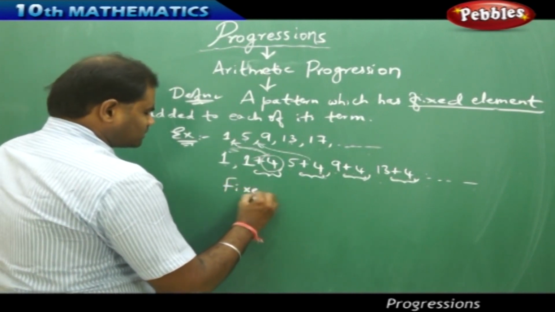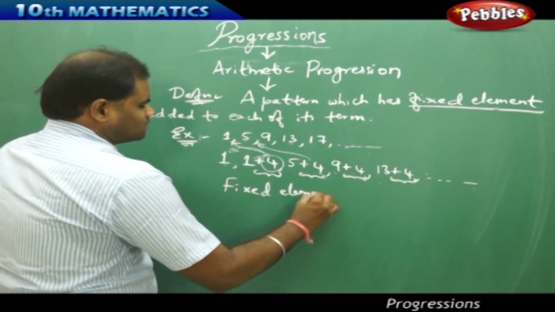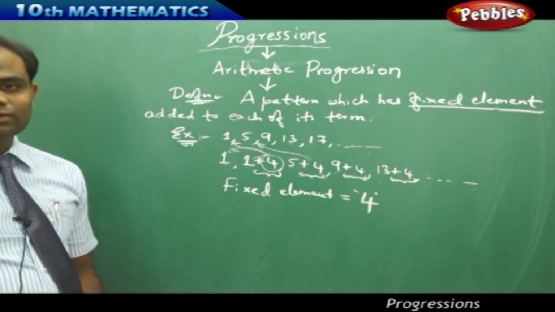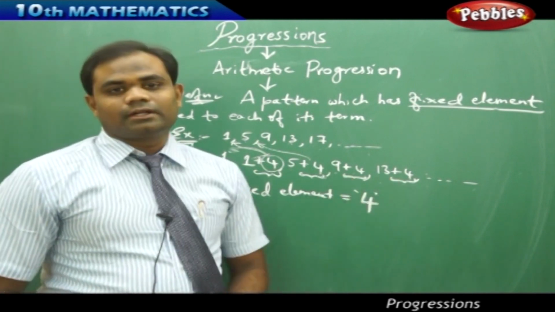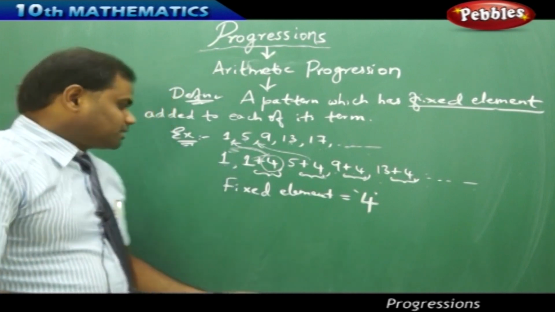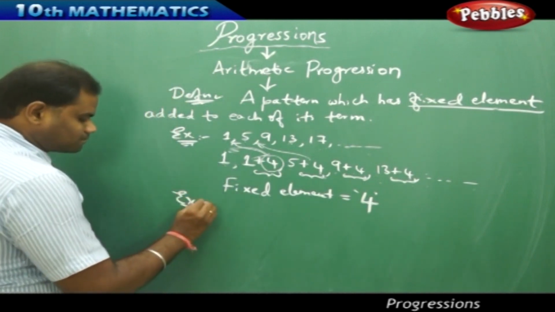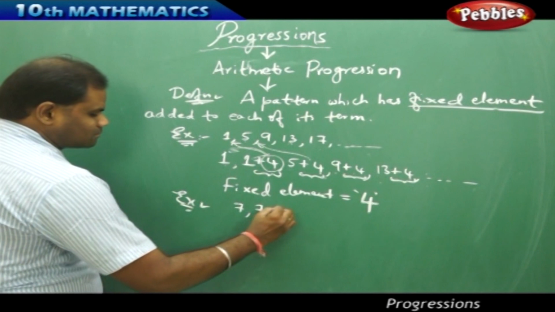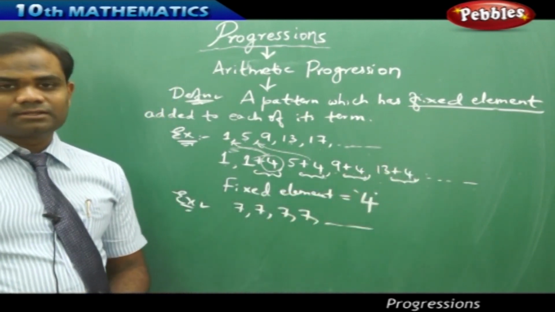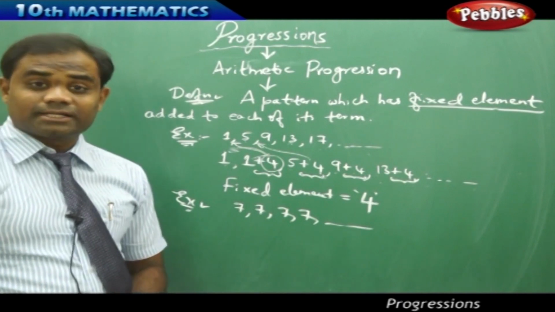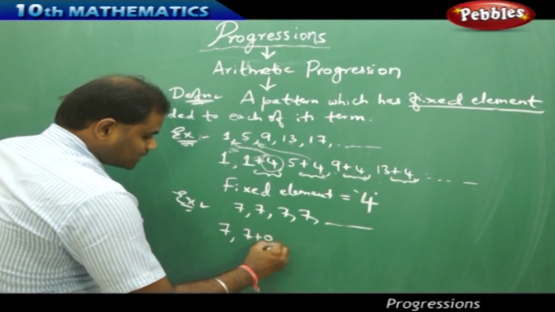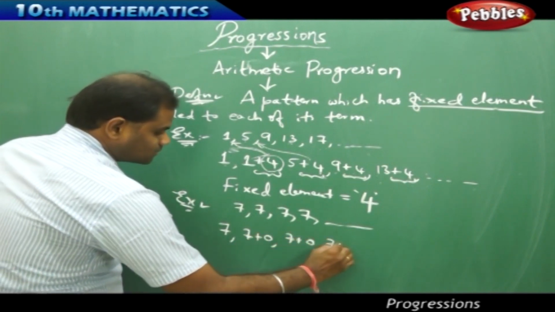The fixed element here is 4, is what we identify in an arithmetic progression, this being one of the examples. Let me take one more example. Is this an arithmetic progression? Is the question out here. Yes, it is, because every element is obtained by adding the fixed element 0 to the previous term.